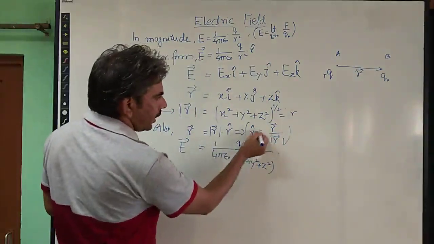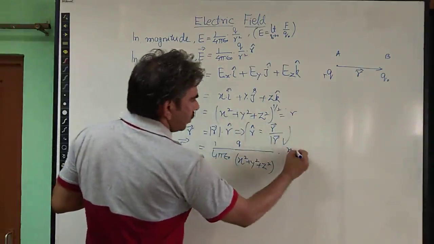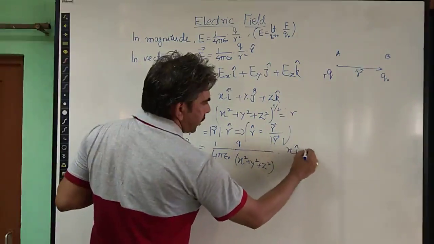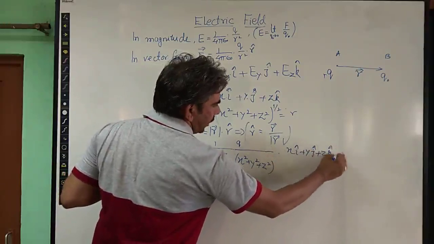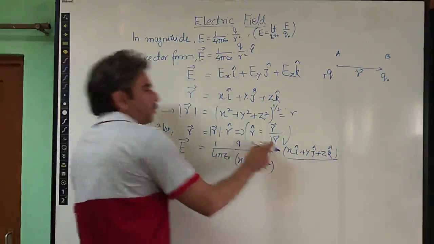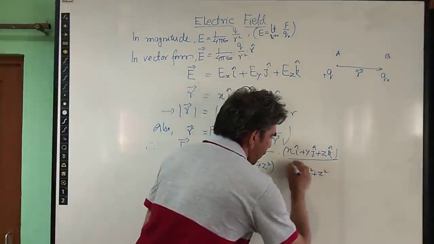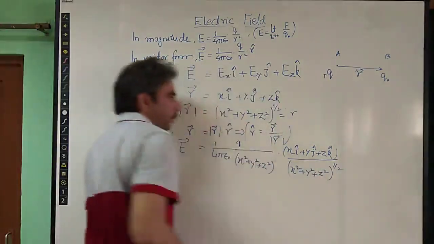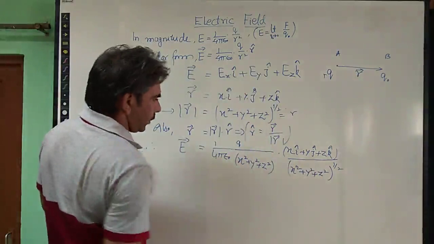So from here r cap is equal to r vector, which is equal to x i cap plus y j cap plus z k cap. This is the vector r divided by its magnitude, which is x square plus y square plus z square power 1 by 2 simply. So we are writing this expression in place of the r unit vector.